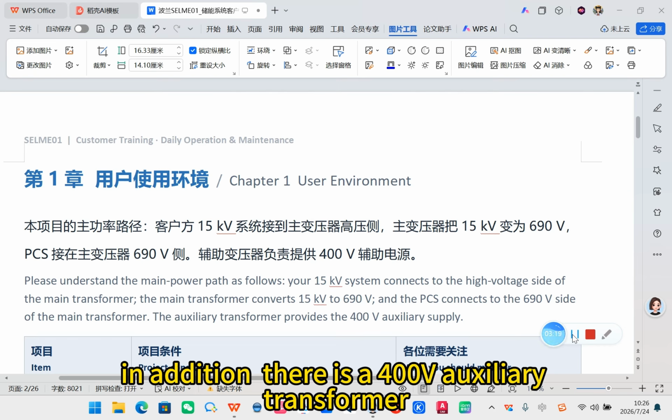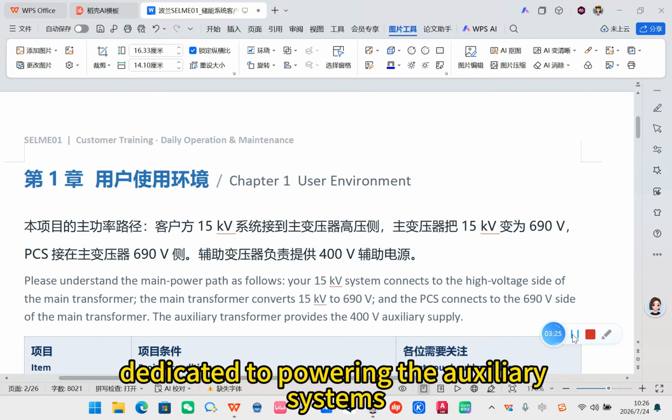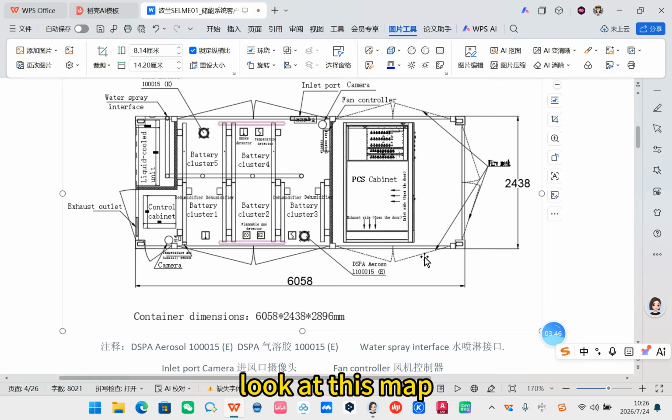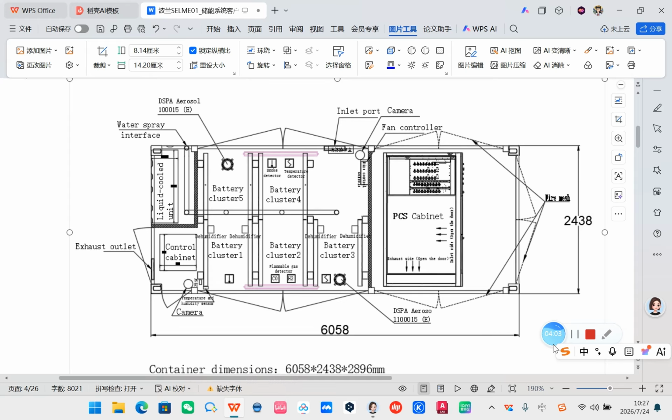In addition, there is a 400V auxiliary transformer dedicated to powering the auxiliary systems. Please look at this system interface diagram.